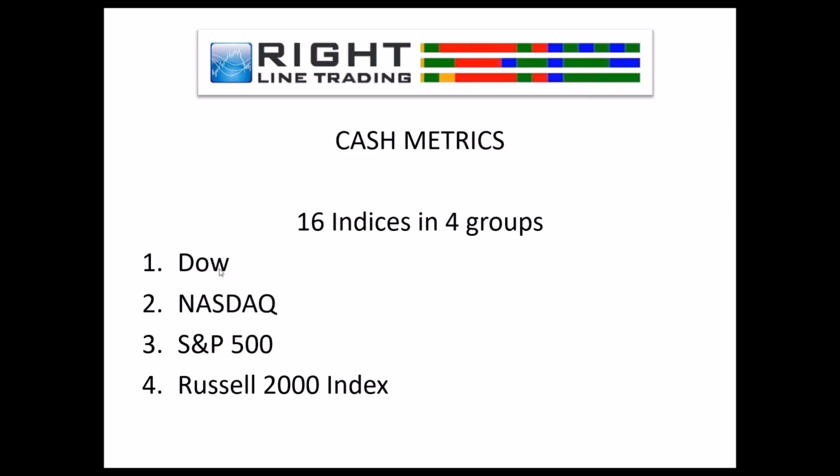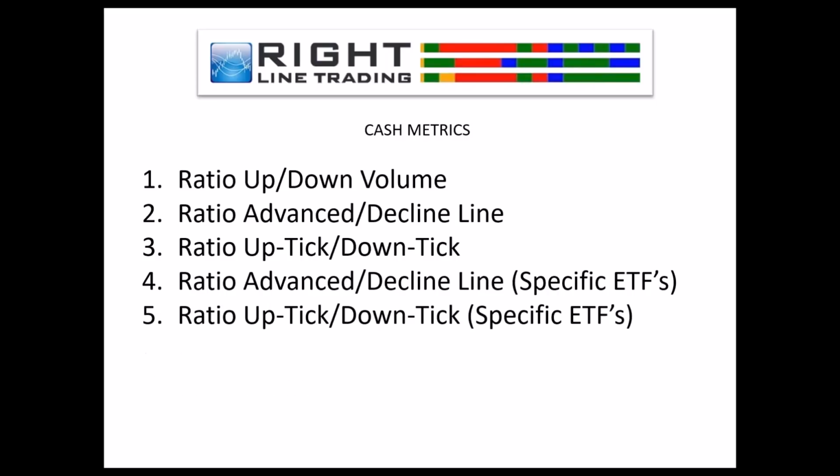Now, there's 4 tickers on the Dow, 4 tickers on the NASDAQ, 4 on the S&P 500, and 4 on the Russell. Now, you're going to need a new data feed for this, and there's no way around it, and I'll talk to you about that in a second. Now, no one's ever done this before that I know of, and I'm going to show you on a live chart how incredibly helpful it is to use.